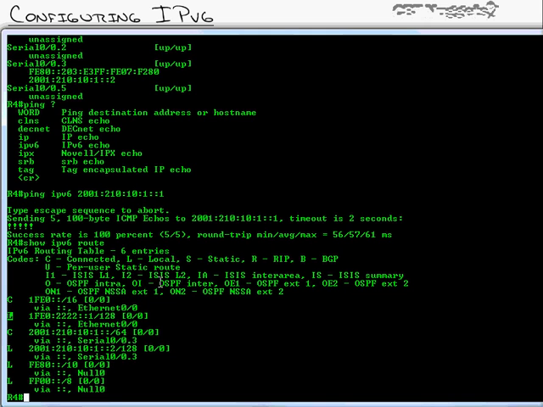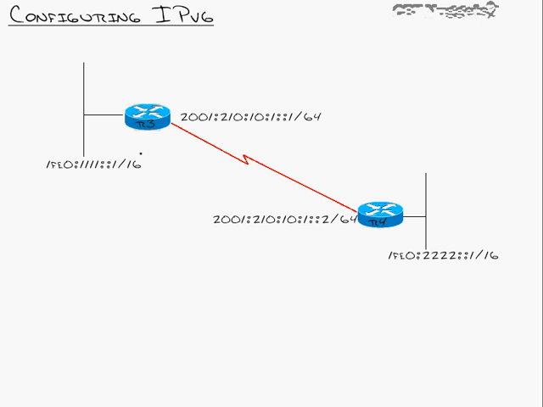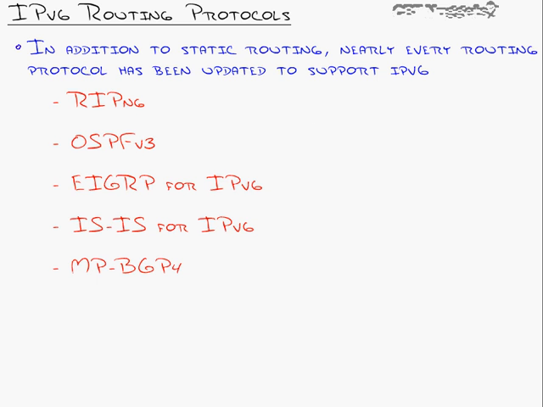But as of right now, we're not learning about any OSPF routes or RIP routes or anything else like that because we have no routing protocol running. So at this point, router 3 and router 4 cannot ping the opposing Ethernet sides because it hasn't learned about them. Let's fix that. In order to do that, we have to take a view into the IPv6 routing protocols.